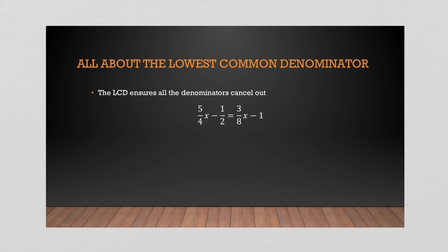Another one. Now here's an area where people make some mistakes, so please, please, please don't make this mistake. This is not a fraction, but it doesn't mean it's exempt from multiplying by the lowest common denominator, because it can be written as a fraction, negative 1 over 1. So do not forget to multiply that as well. Here, my lowest common denominator is 8.